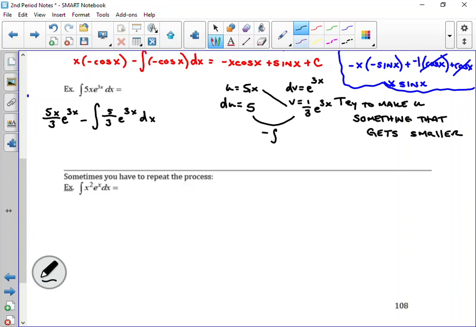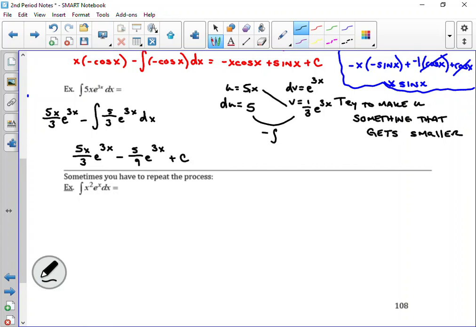Okay, and then I still need to integrate that other part. So it becomes 5/9 e to the 3x, and then plus c. How'd you do? Good? All right, nice.